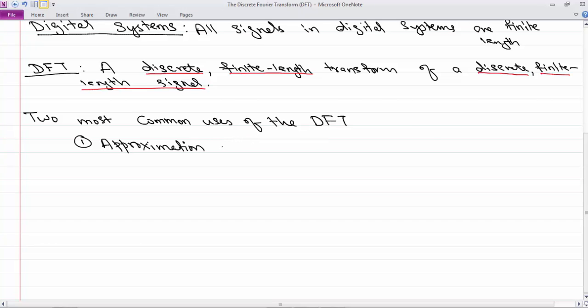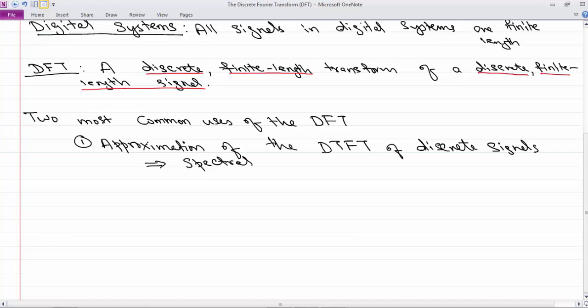The fundamental use, or one of the uses, is approximation of the DTFT of discrete signals. And this is studied under the name of spectral analysis. Okay, spectrum for frequencies.